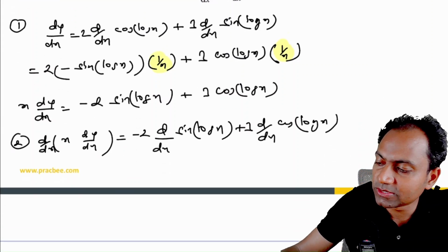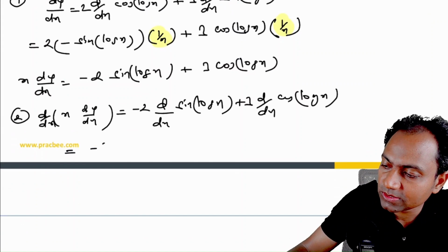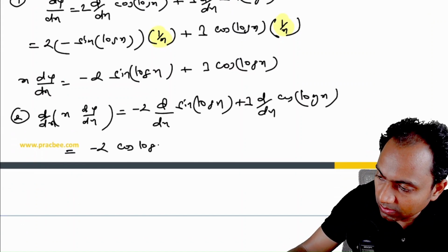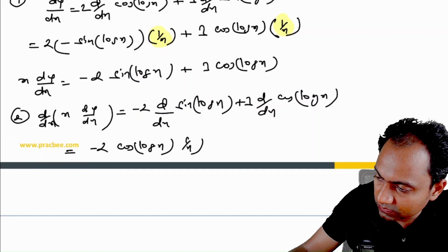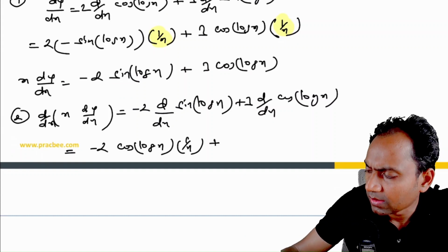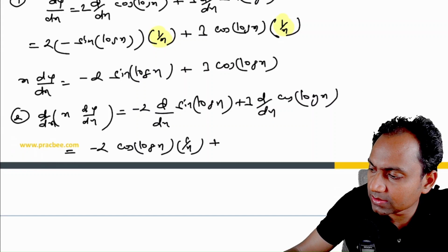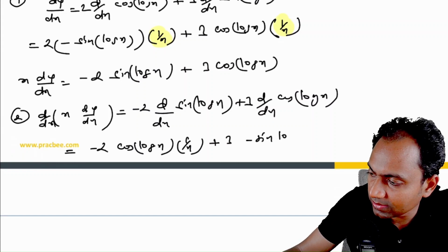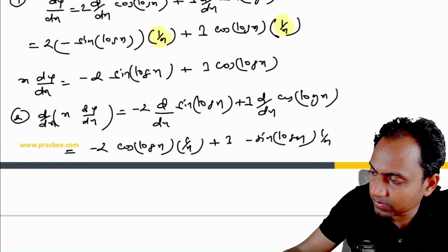We have already done this differentiation once, so I will be doing it faster. So minus 2 times cos of log x, differentiation of log x is 1 by x, and then plus 3 times differentiation of cos x is nothing but minus sine log x into 1 by x.